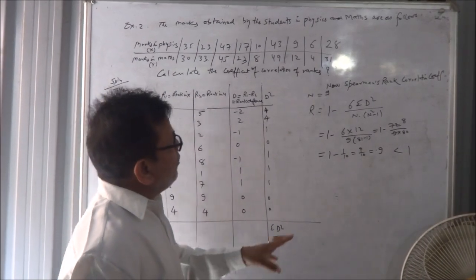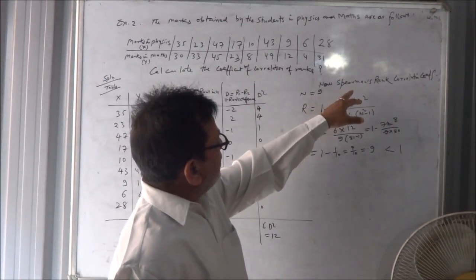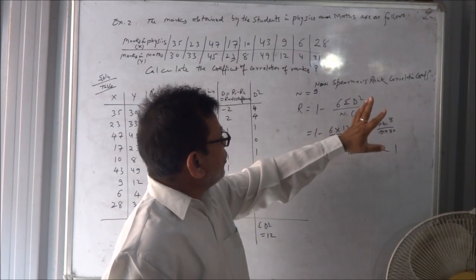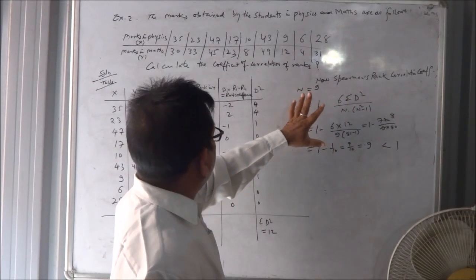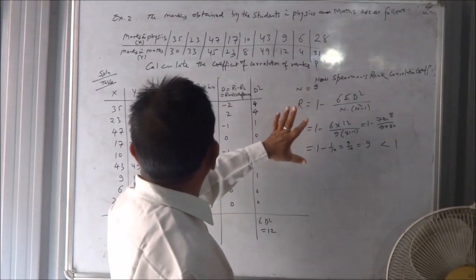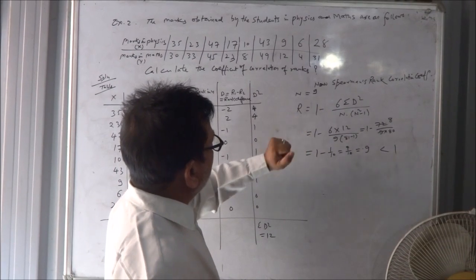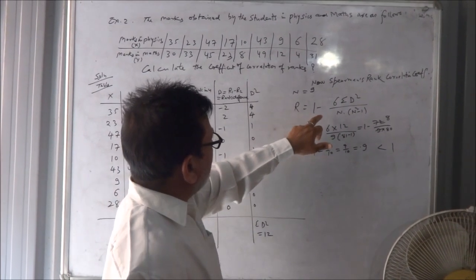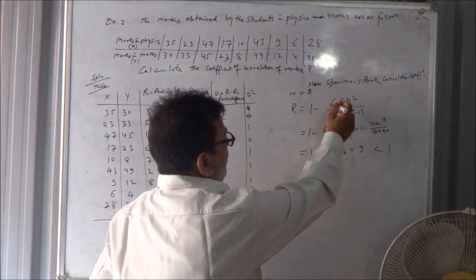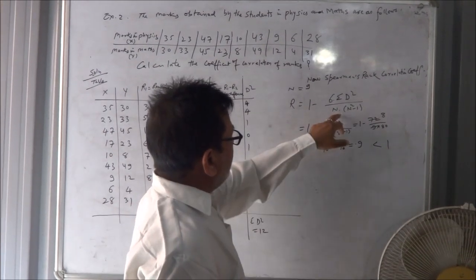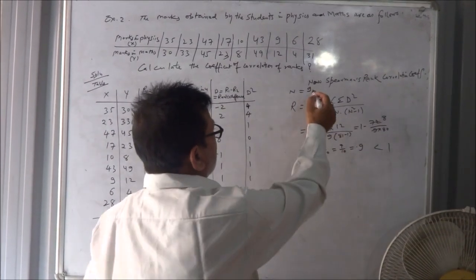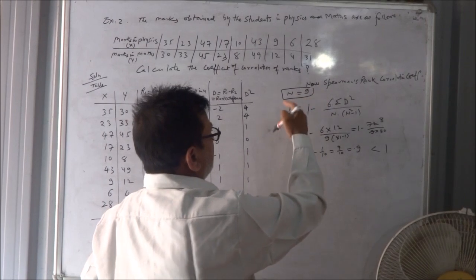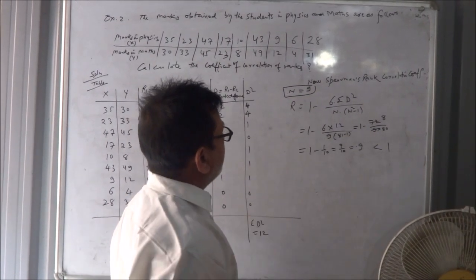So now we calculate Spearman's rank correlation coefficient between the marks in physics and marks in mathematics. The formula was capital R equal to 1 minus 6 into summation D square upon N into N square minus 1. N means number of students, N equal to 9.